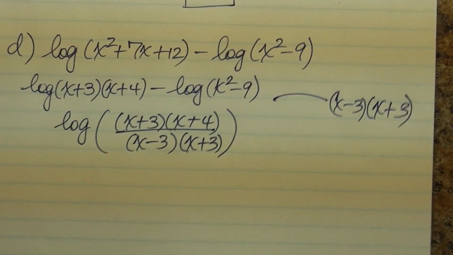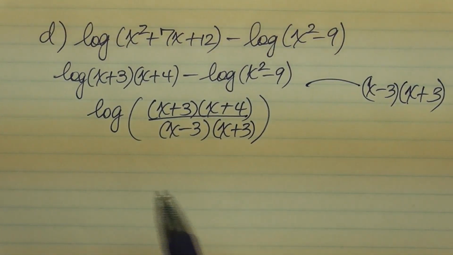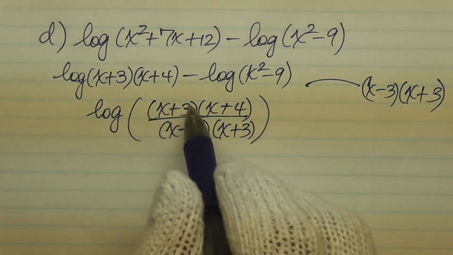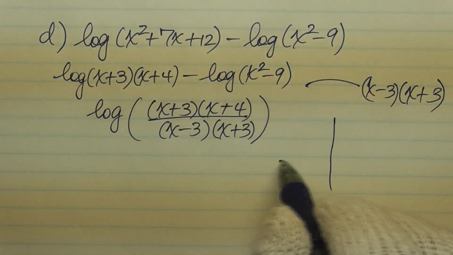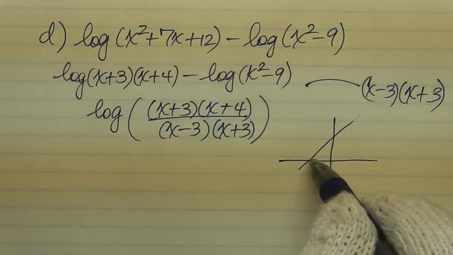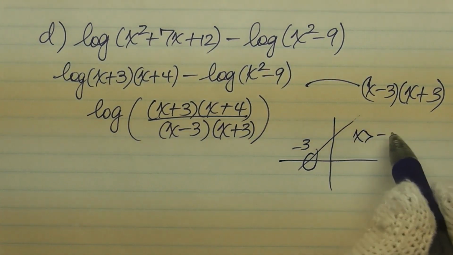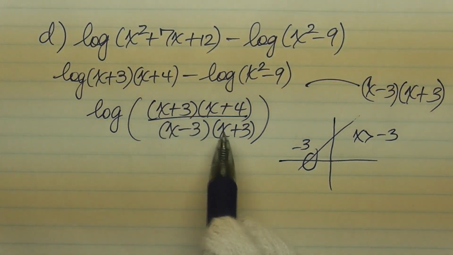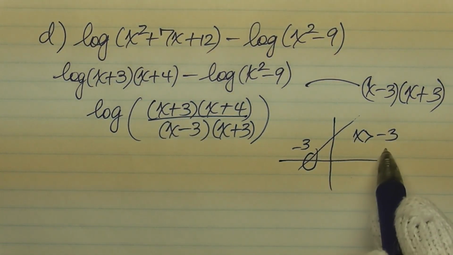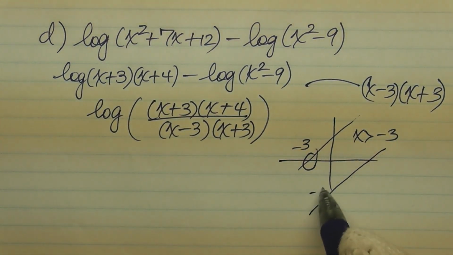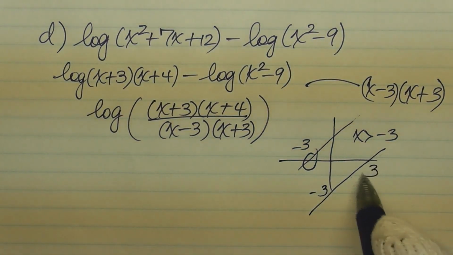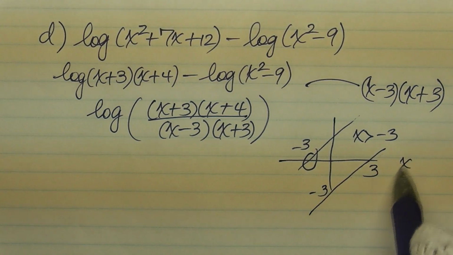Alright, now we have to do some domain analysis. When is x plus 3 going to be positive? That's going to be positive when x is greater than negative 3. When is x minus 3 going to be positive? That's going to be positive when x is greater than 3.